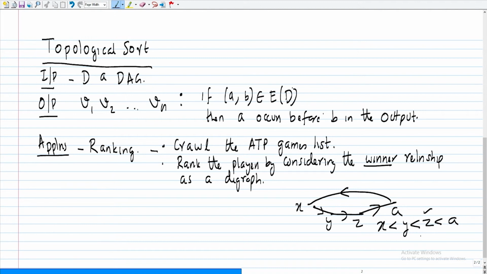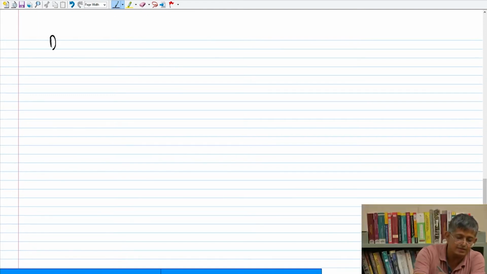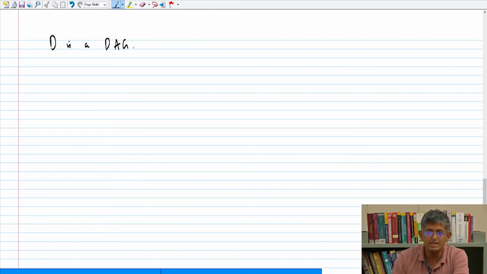But what we will study is a very simplified version of it, because we want to just analyze the asymptotic running time of algorithms. So D is a DAG. Let's list the simplest algorithm.